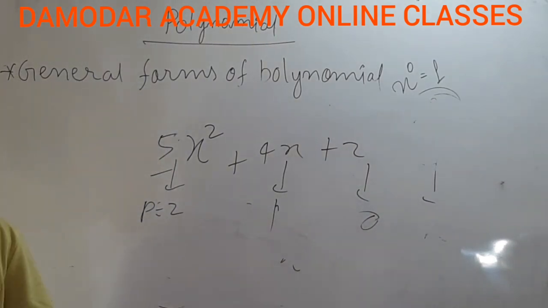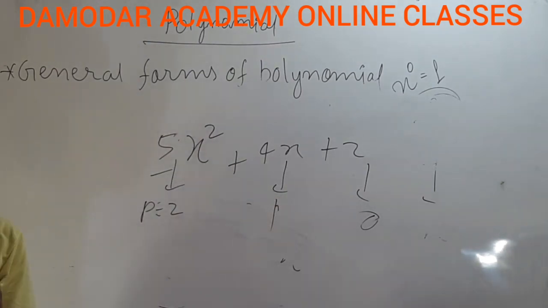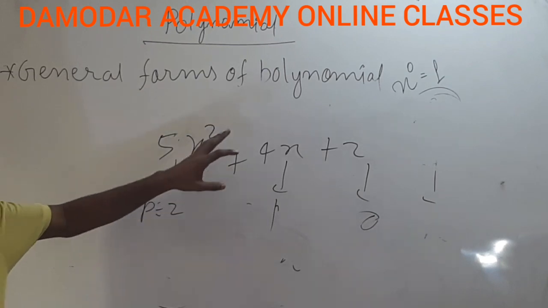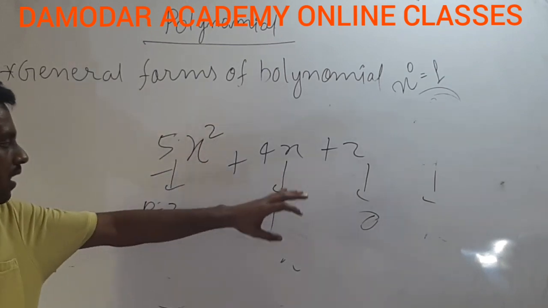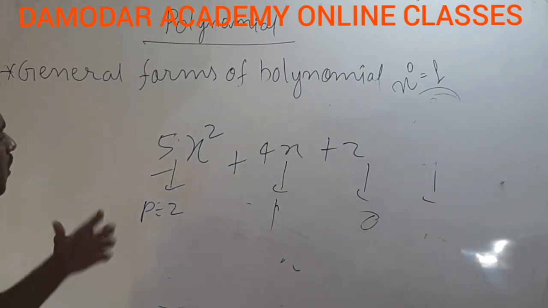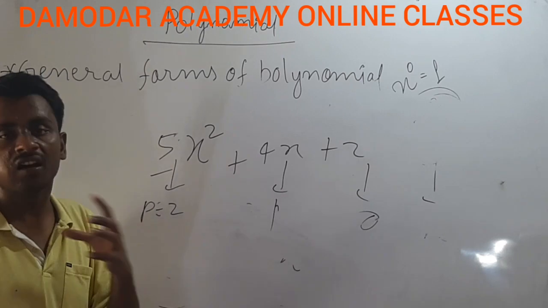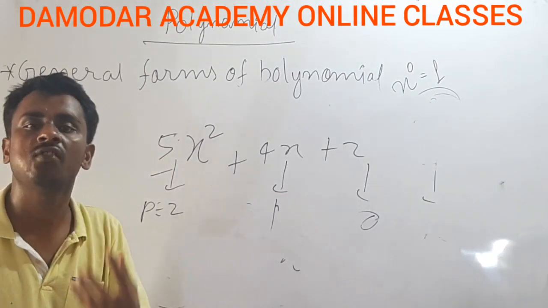And when I say power, that means we are talking about the power of the variable. When I say that the power is 2, 1, 0, we are talking about the power of the variable.